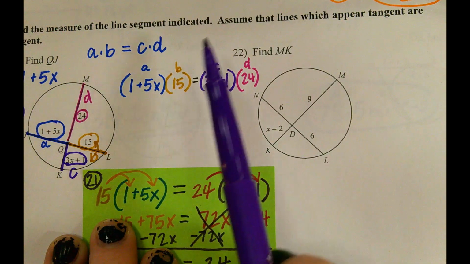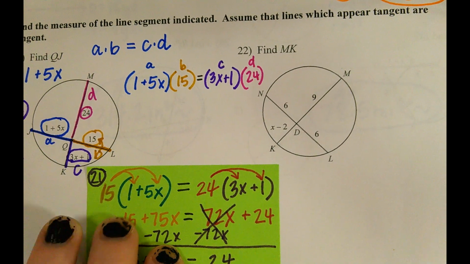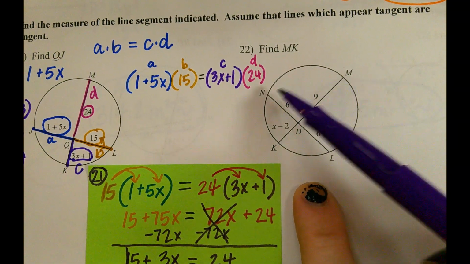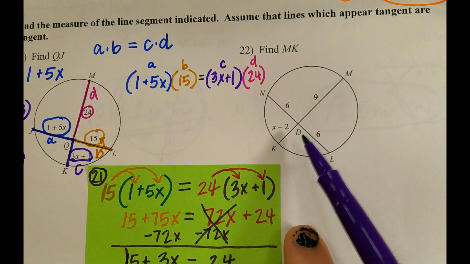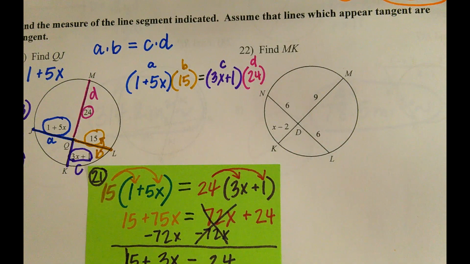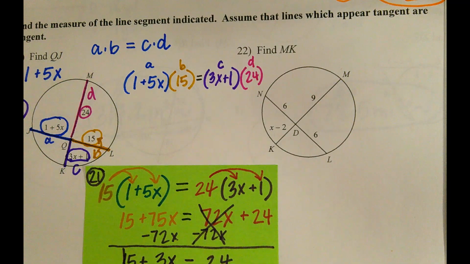To make sure we're using the right formula, make sure we have line segments that are all inside the circle. If I have any exterior segments, then I'm going to need a different formula. This is the interior formula.